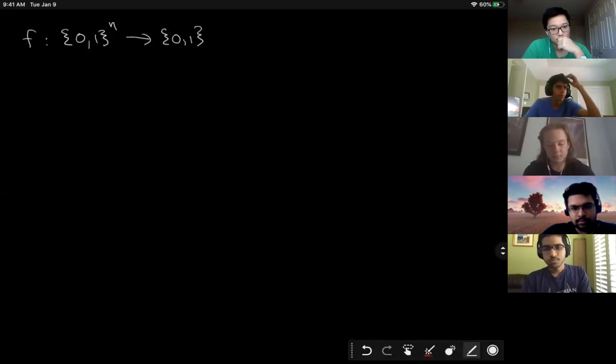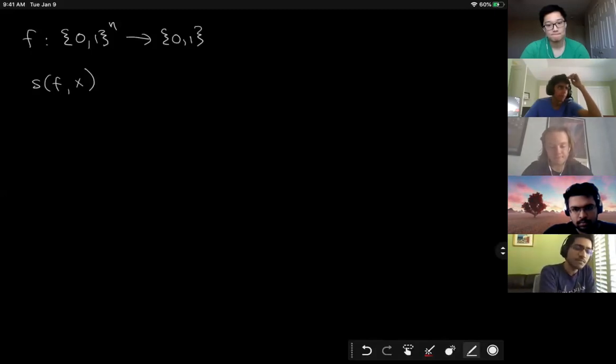This is just some random Boolean function, and you define the sensitivity of a function on an input, the local sensitivity, to be the number of indices that you could flip in the input such that the output would change.